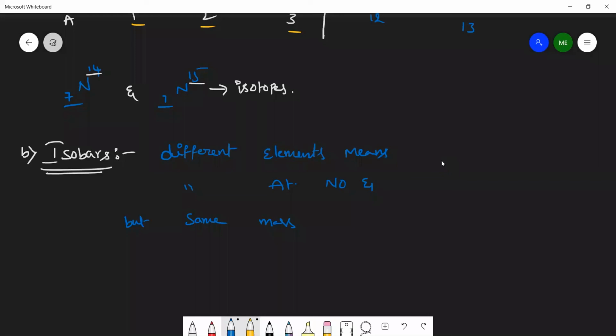So these two are isobars. Then calcium and potassium: both elements are different, so automatically the atomic number will also be different. The mass of potassium is 40 and calcium is also 40, so the relationship is isobars.